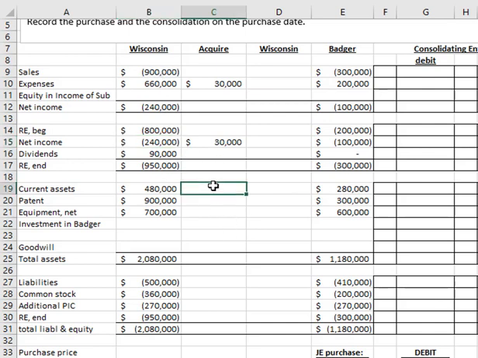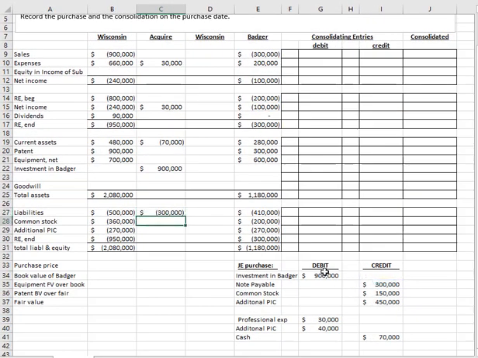All right, current assets are going to go down because cash is in current assets. And then the investment in Badger, of course, is going to go up. Liabilities are going to go up. We're going to show that as a credit. Common stock's going up. We'll show that as a credit. And then additional paid-in capital is going to go up by the 450 and down by the 40. And then retained earnings, we're actually going to put a positive. We're reducing retained earnings here.